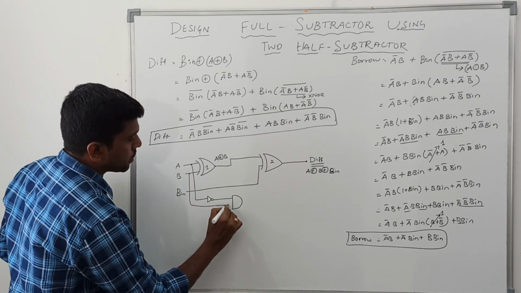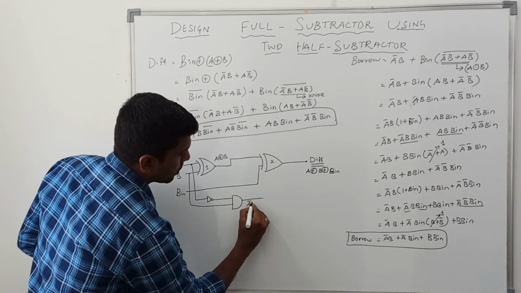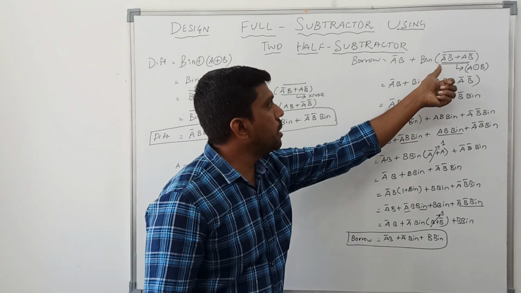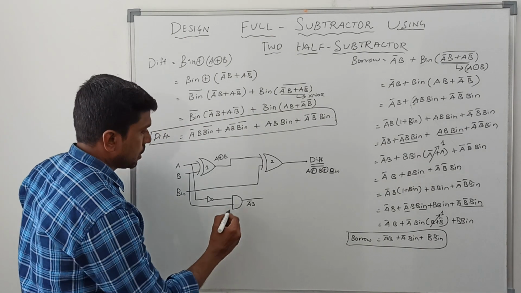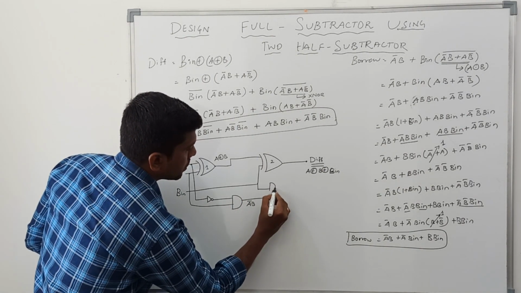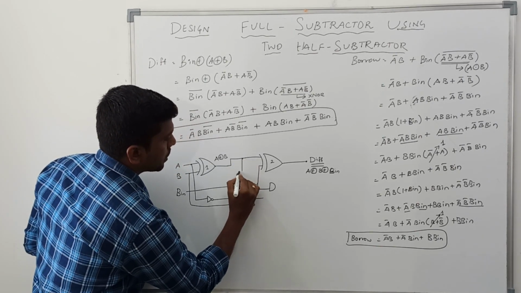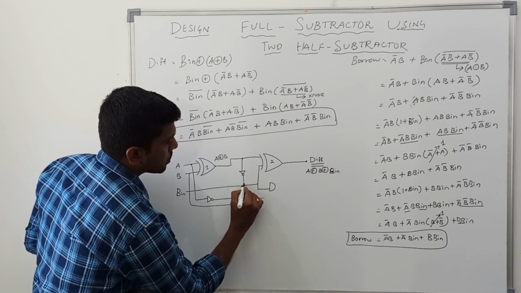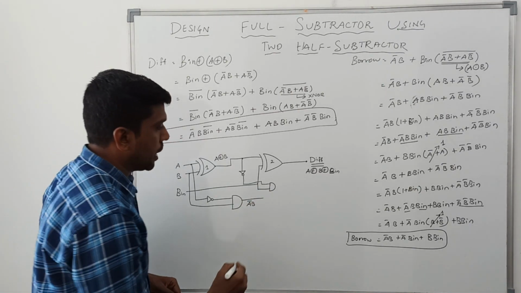Then B is connected to the second input of the AND gate, so the output of the AND gate is A bar B. Next, B in (A bar B plus A B bar whole bar): B in is connected to one input of another AND gate, and the other input comes from the XOR output through a NOT gate.